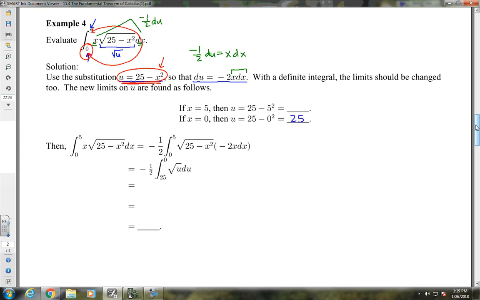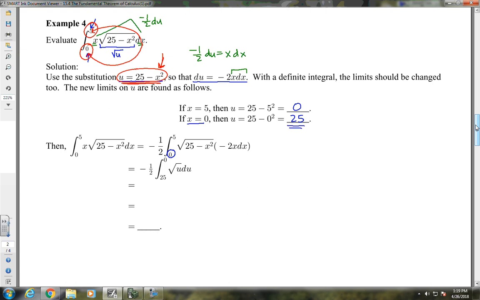Considering our upper limit of integration, which is 5, and plugging it into our substitution equation, you can see that right here. When x is equal to 5, then u is 25 minus 5 squared, which comes out nicely to 0.